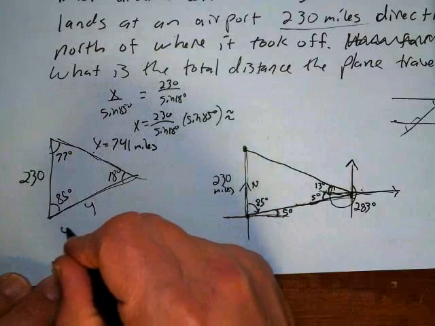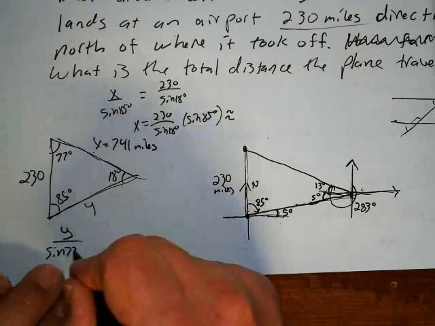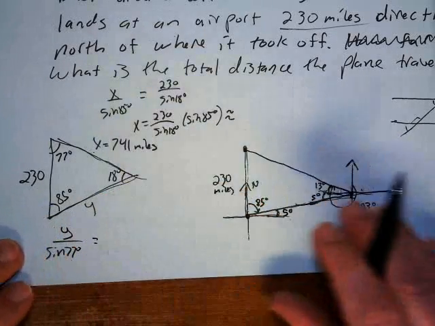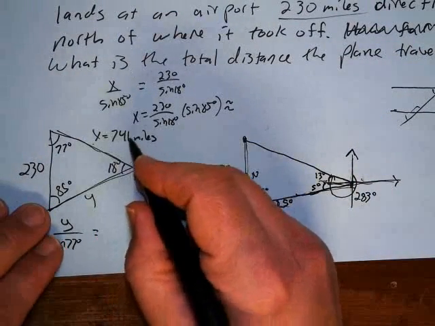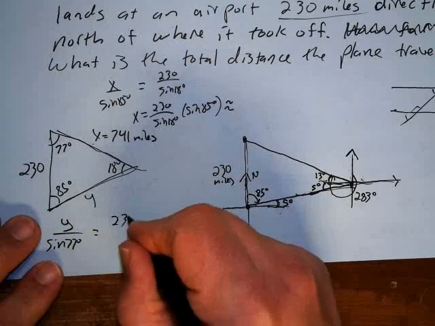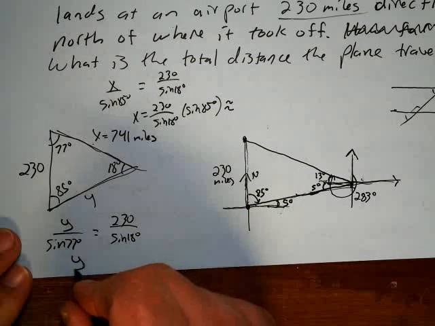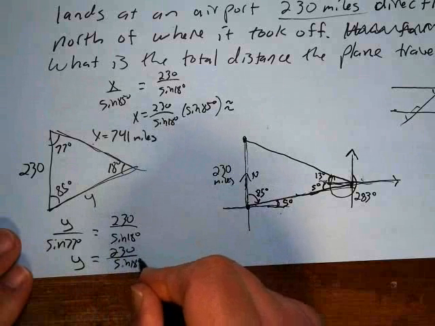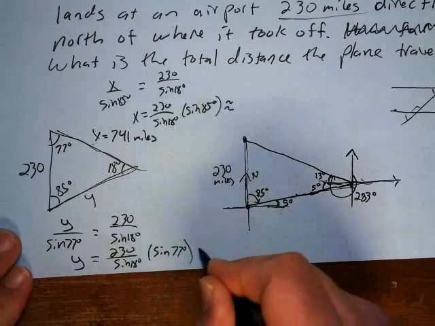Now I can find Y here. So Y is to the sine of 77 degrees as 230 is to the sine of 18 degrees. So Y is 230 over the sine of 18 degrees times the sine of 77 degrees.